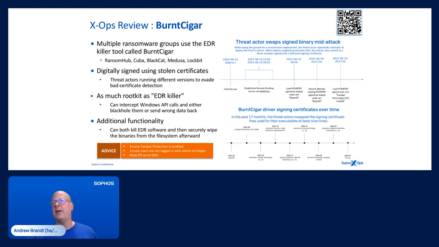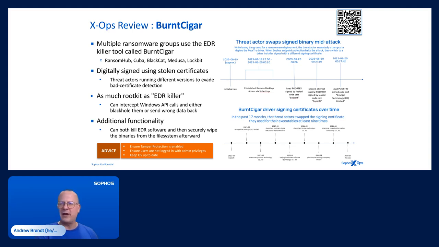And then the other one that we wanted to mention is this one called Burnt Cigar. Now, regular listeners to the podcast, the webcast, will remember that the Burnt Cigar EDR killer was the one where the threat actors had been using drivers again to unhook EDR products, and that they were getting them signed with Microsoft's Windows Hardware Quality Labs key, which is essentially the holy grail of permission levels for a bad EDR driver.